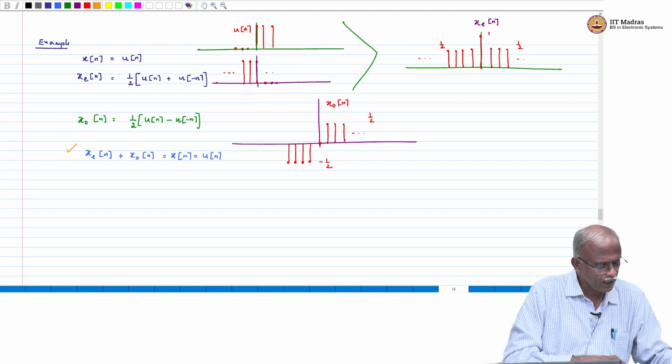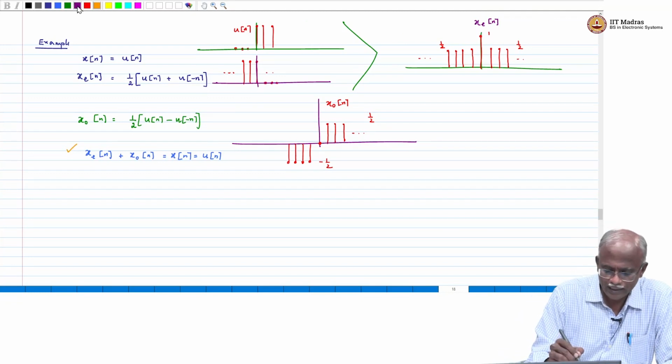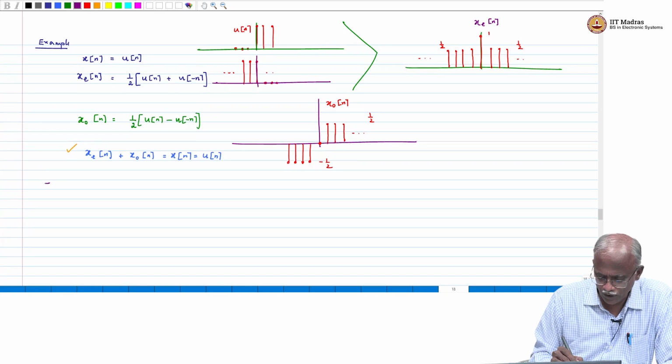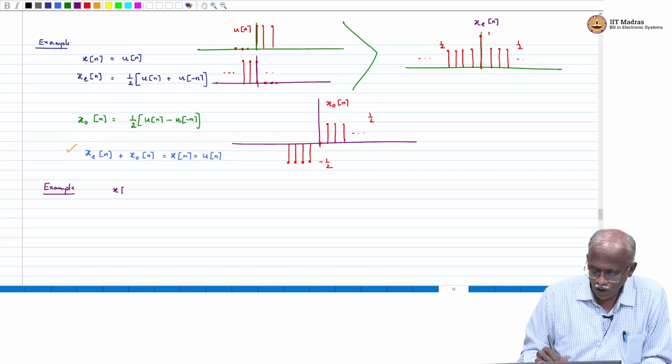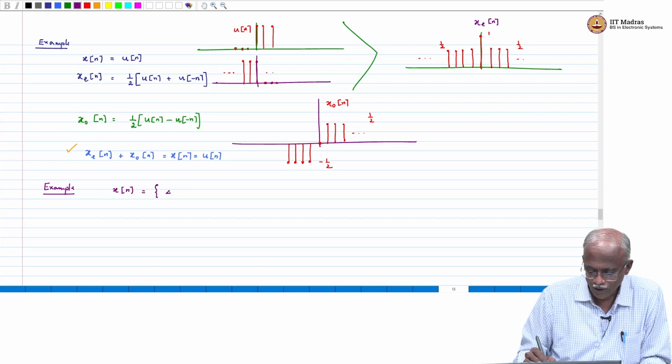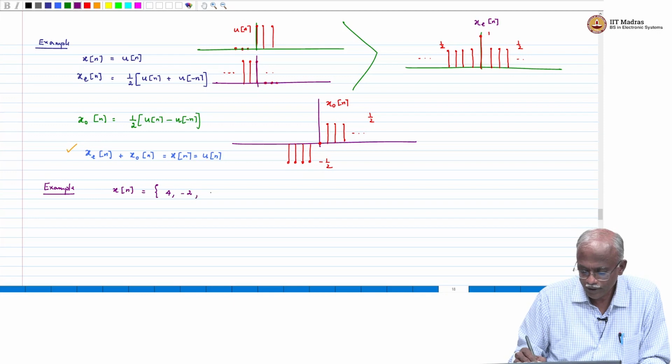Of course, u of n is an infinitely long sequence. We can also look at some simpler sequences. I would like you to be able to do that as well. Supposing x of n is given as a finite length sequence, 4, minus 2, 4, minus 6.